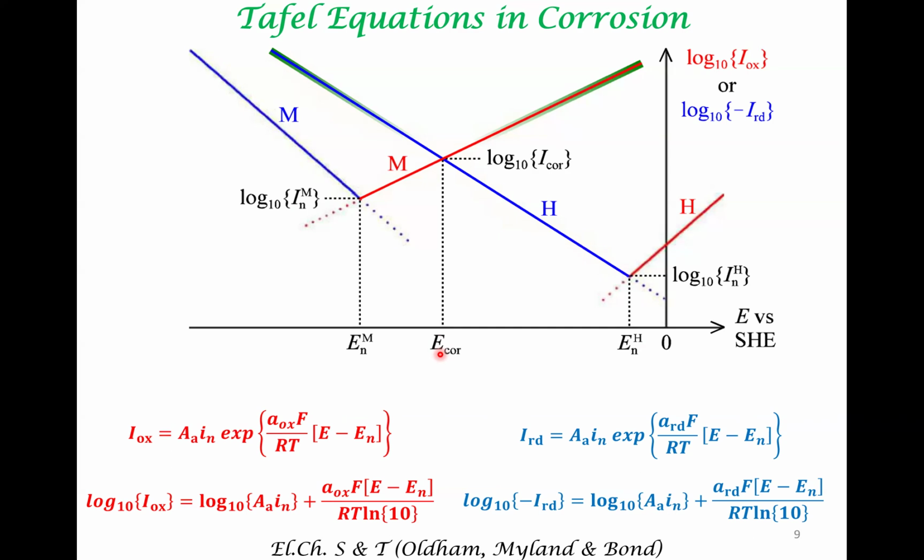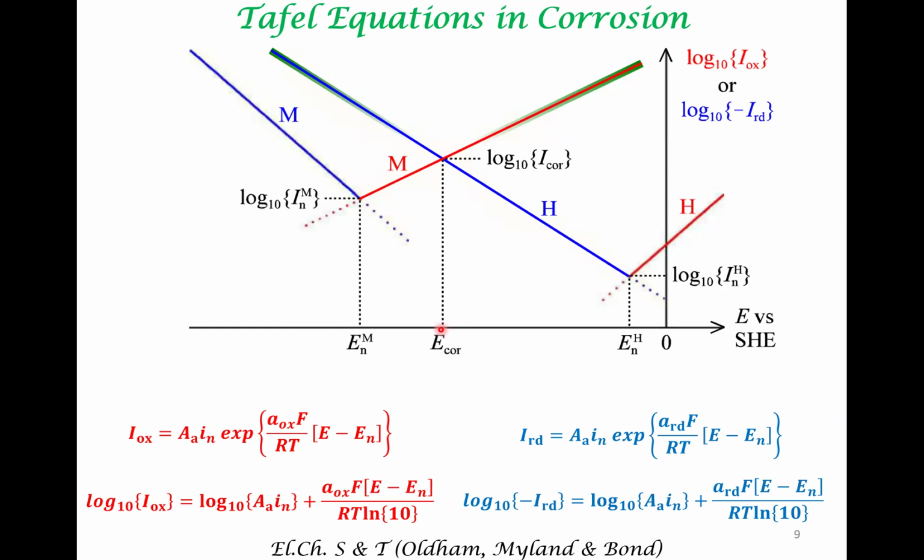At this potential, the rate of generation of electrons via an anodic reaction is equal to the rate of consumption of electrons via a single cathodic reaction, or the sum of cathodic reactions from multiple cathodic reactions.